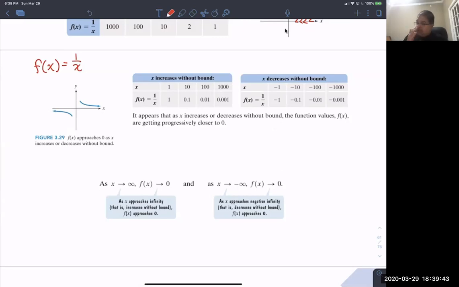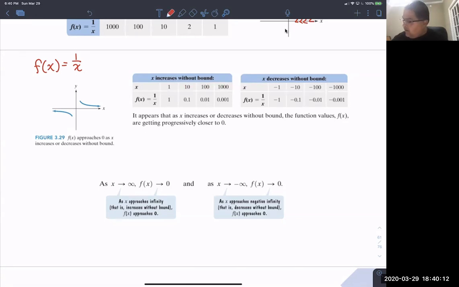Now, instead of x approaching 0, let's have x go to infinity. So every input I put in for x is going to be progressively larger. Notice right here, as x goes to infinity, so as my inputs get larger, what happens to my output?